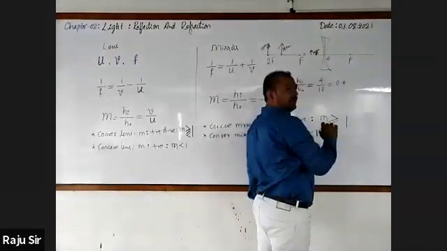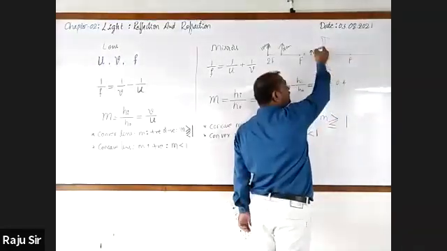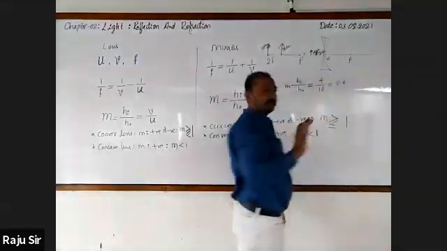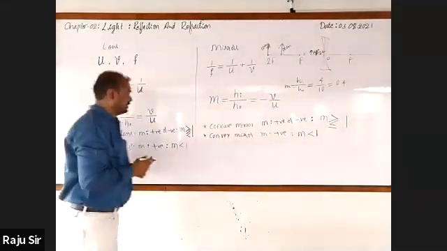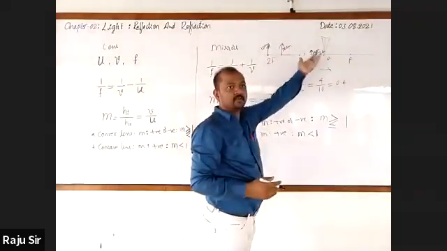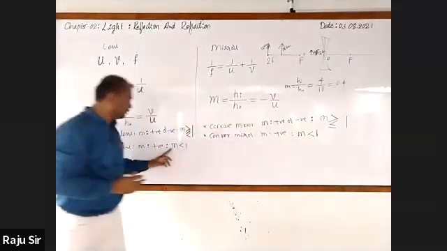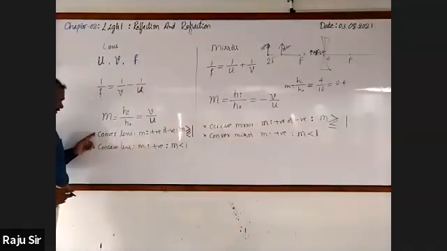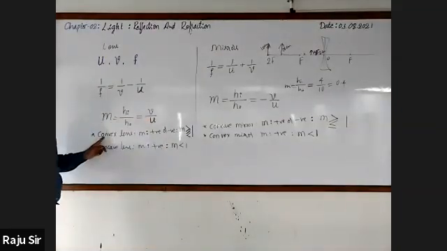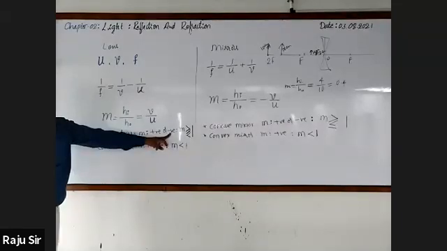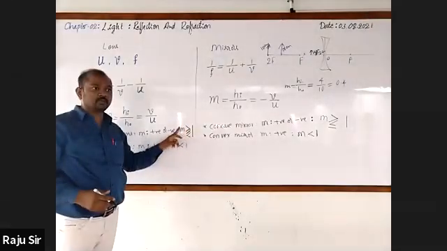The image height is less than 10 only, for both. Even 4, 3, 1, because it is smaller. So again, it is less than 1 only. Magnification will be less than 1. Clear? Just observe. With respect to convex lens, magnification is positive or negative, and is greater than 1, equal to 1, or less than 1.